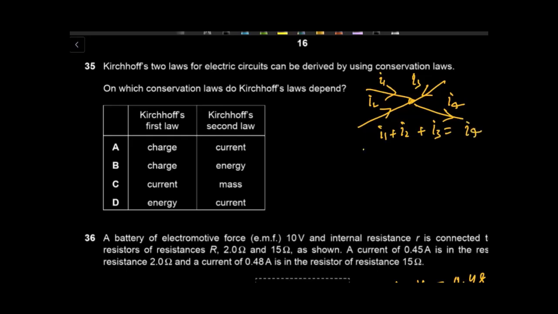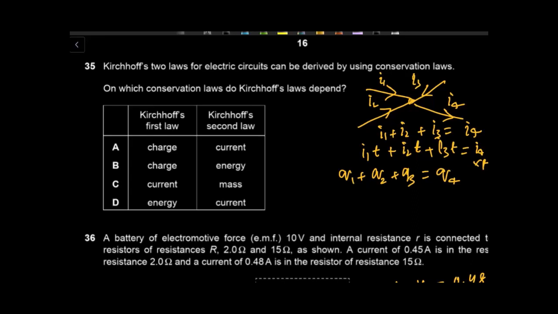If I multiply by time t, I1 t plus I2 t plus I3 t is equal to I4 t, which is Q1 plus Q2 plus Q3 is equal to Q4. So this is conservation of charge. The sum of charge entering a point is equal to the outgoing charge.